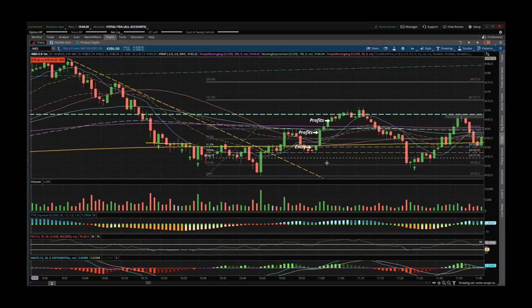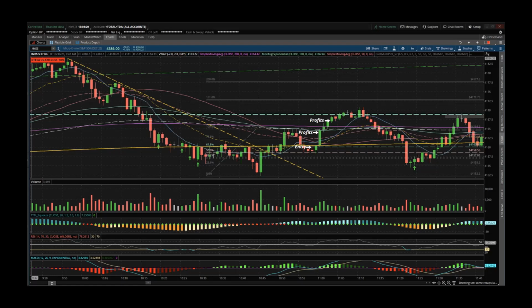Another trader might call it a breaker block or order block, whatever. It's all the same, they're just using different terminology. But these little breaker blocks on the daily are significant levels. Hopefully that helps you with your price action.